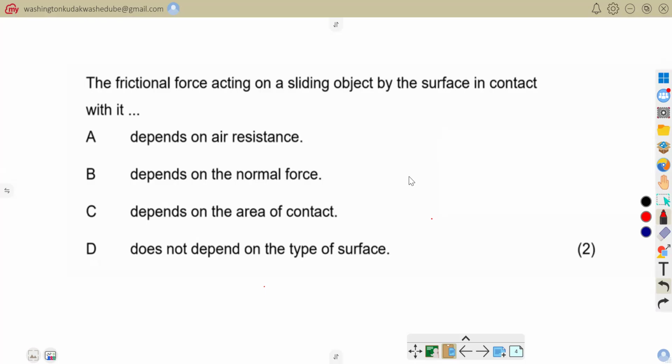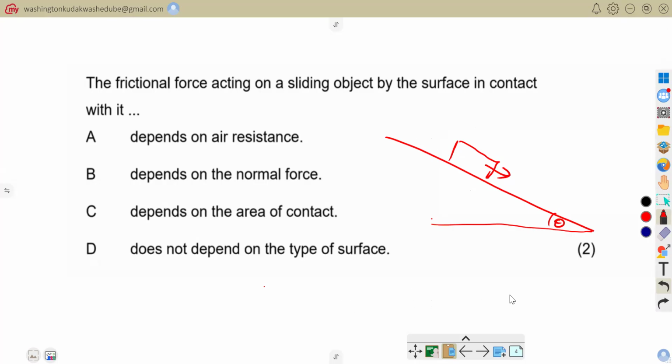the type of surface. So they are saying that, let's say we have got a sliding object. I'll try to draw a slanting slope there. Let's say we have a slanting slope and a sliding object sliding down.